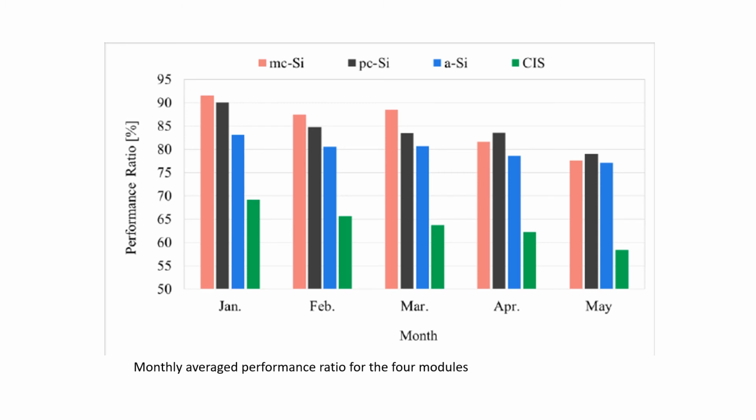The monocrystalline silicon and polycrystalline silicon show higher efficiencies, followed by amorphous silicon and then CIGS solar cells.